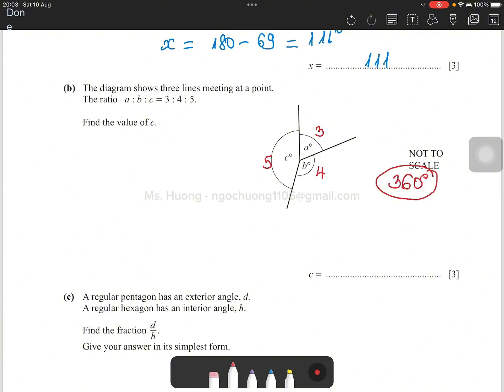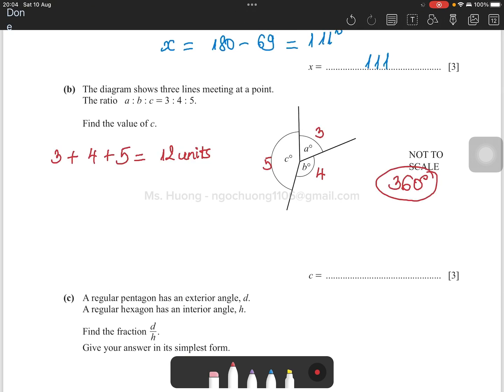So we can add up 3, 4, and 5 together, and this will be 12 units. These 12 units correspond to 360 degrees because this is the sum of the three angles around a point.